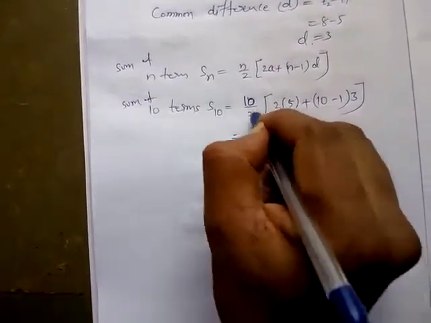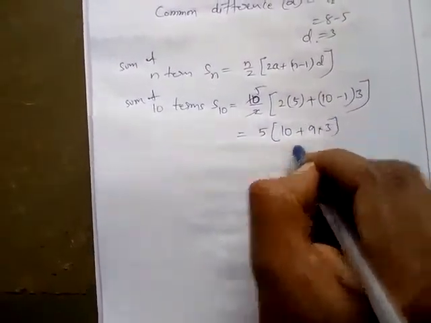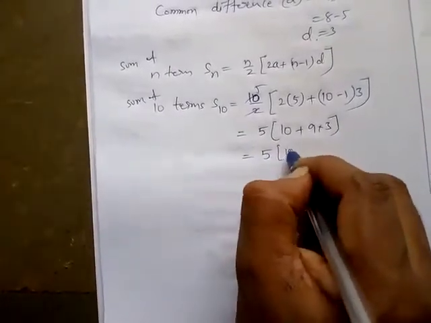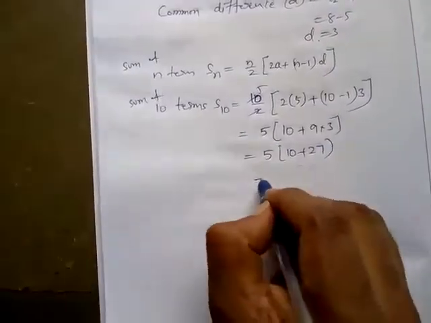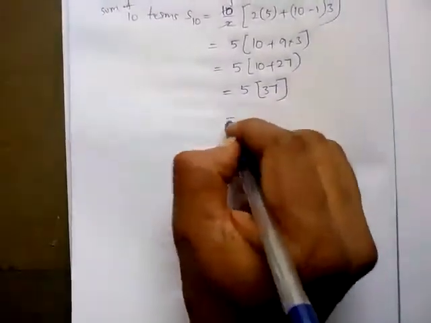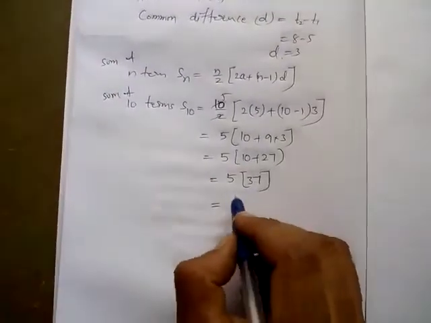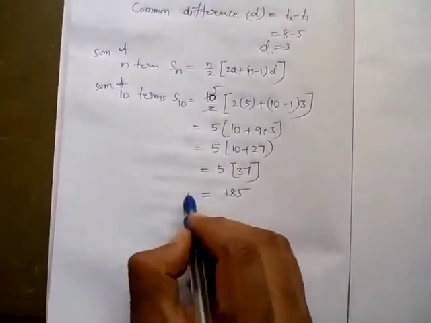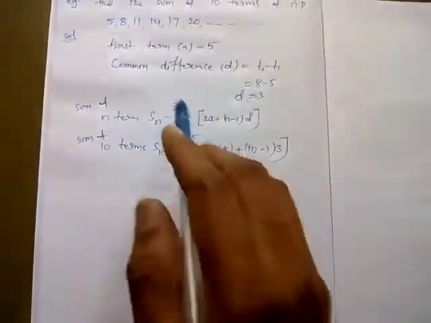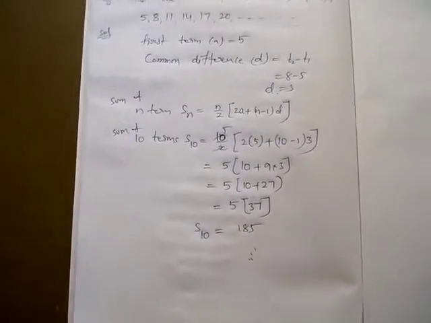So here 5 into (10 plus 9 into 3), so 5 into (10 plus 27), so 5 into 37. 37 5s is 185. So the sum of 10 terms in this series, if you add 10 terms, becomes 185.